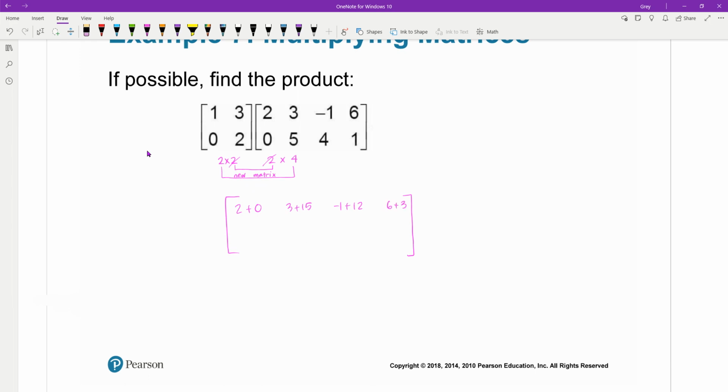Then I'm going to go down to the second row. 0 plus 0, love those zeros. 0 plus 10. 0 plus 8. And then 0 plus 2. Then I'm going to simplify that, and I'm going to have 2, 18, 11, 9, 0, 10, 8, and 2. And that's what we got.